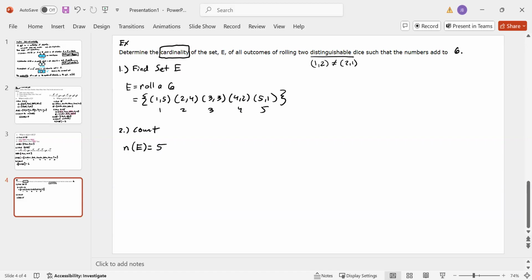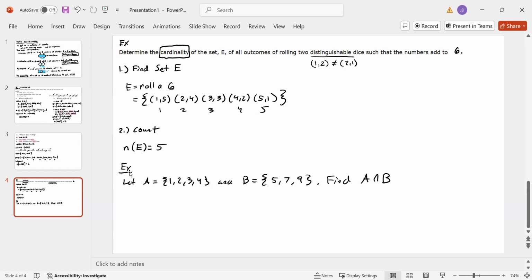Okay, and then one last thing. Here's another example. Let A be equal to {1, 2, 3, 4}, and B be equal to {5, 7, 9}. Find the intersection of the two.